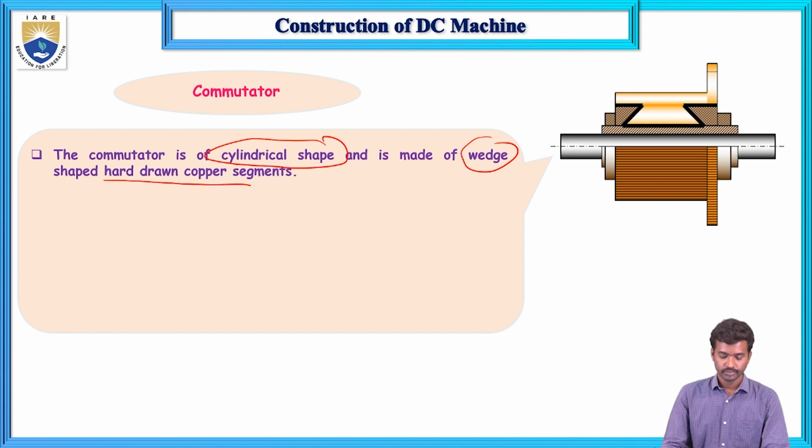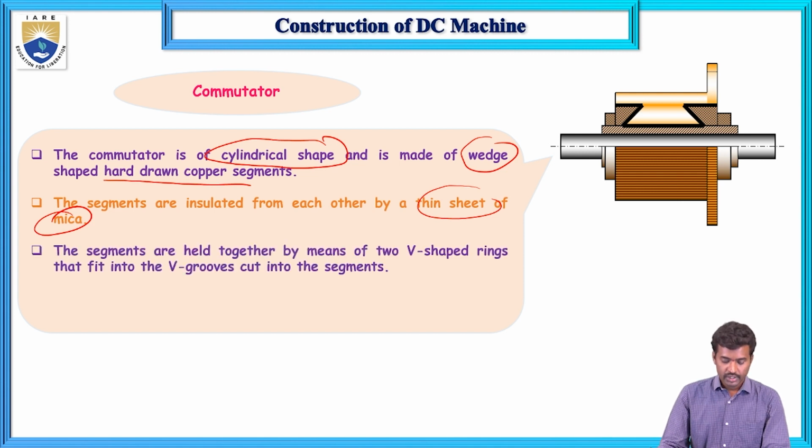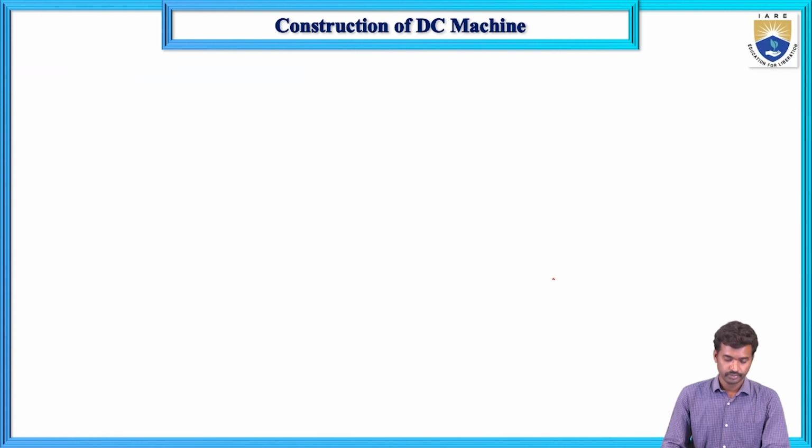The segments are insulated from each other by a thin sheet of mica. The segments are held together by means of V-shaped rings that fit into V grooves cut into the segments. Each armature coil is connected to a commutator segment through the riser.